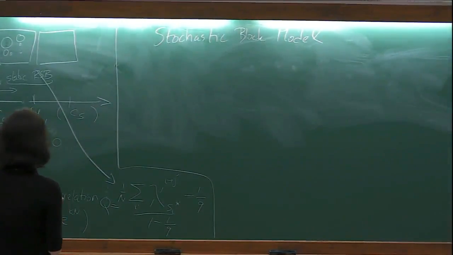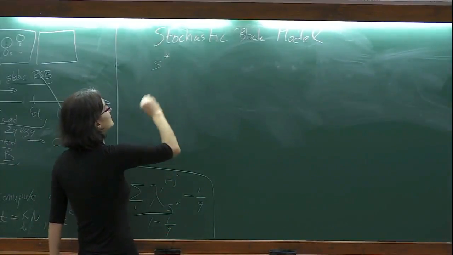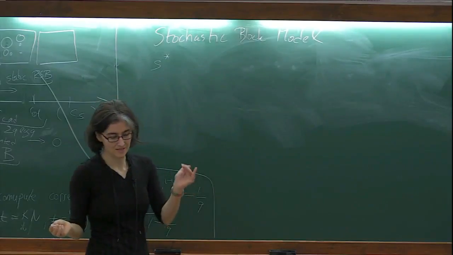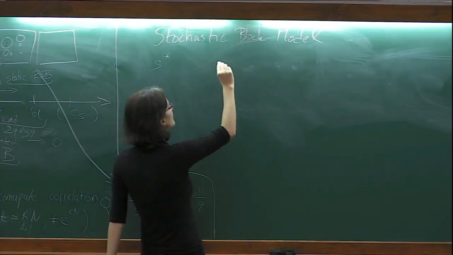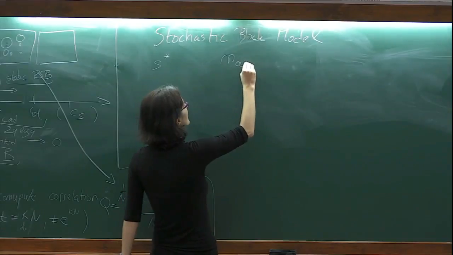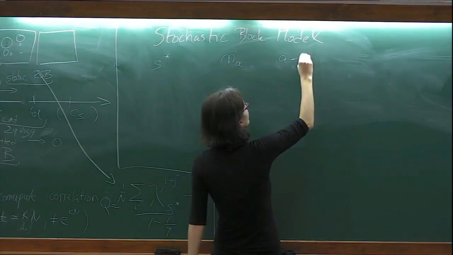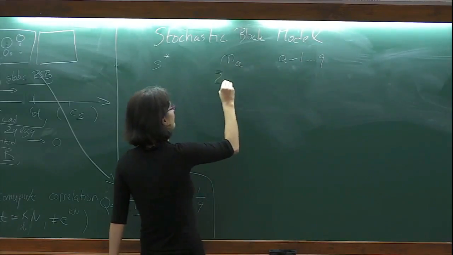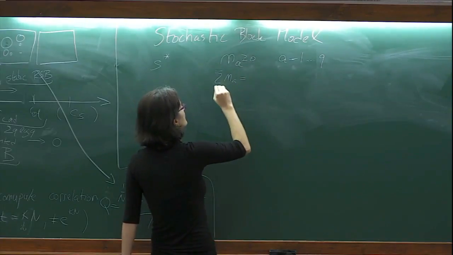So the stochastic block model will be a generalization of the planted coloring, where again I start with a random configuration S star. Whereas before I was saying I just assign every color at random, here I do it at random, but the fraction of nodes that I assign to color A, where A is the index of colors from 1 to Q, is some n_A, and these are non-negative numbers that sum to 1.